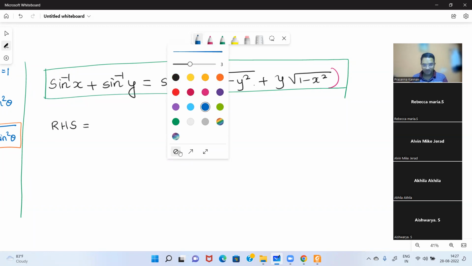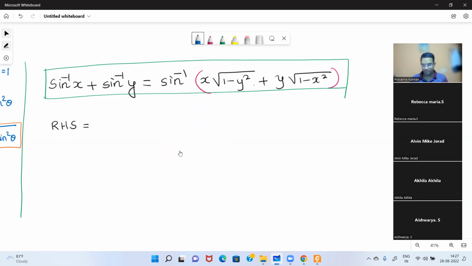Okay, before we go there, we'll substitute x as some angle sine A. Okay? Then what will be A?